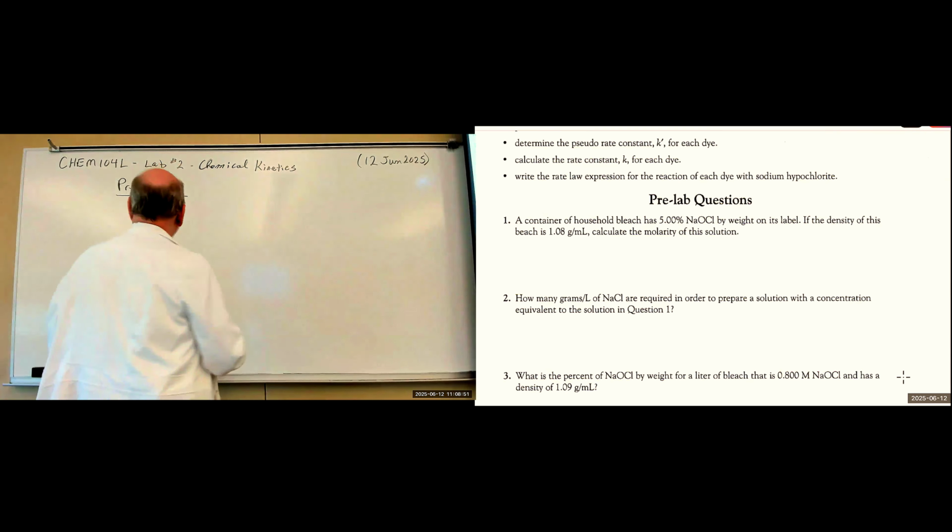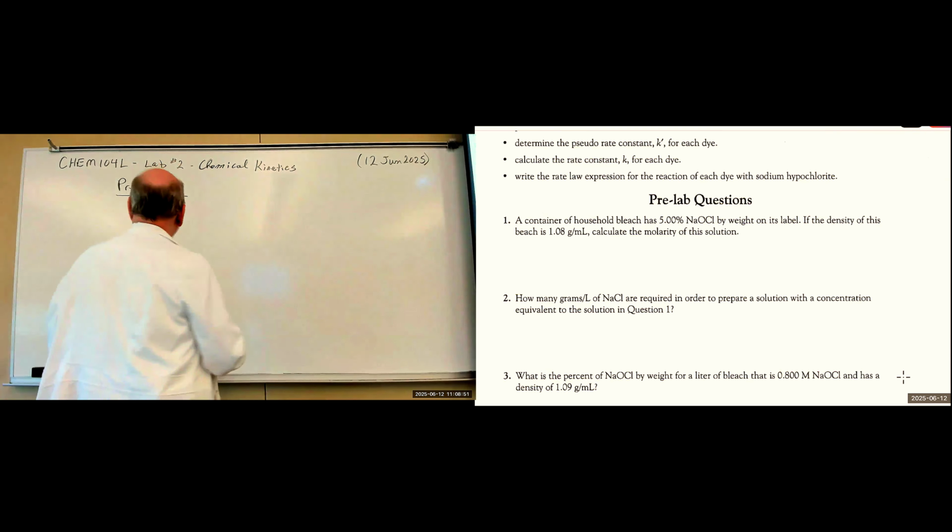So the first question is, if you have a container of household bleach, and this used to be the normal concentration for bleach, 5%. Now they've got much more concentrated, 6, I've seen 7, 8%. But the procedure for answering this question works no matter what the percent is. Your percent, I think, for the lab is going to be 6%.